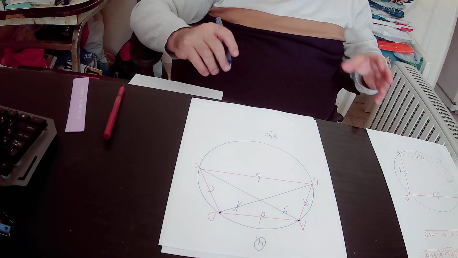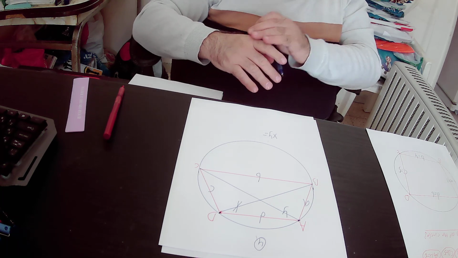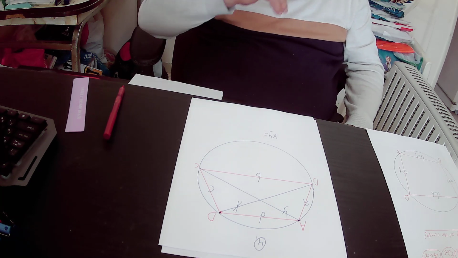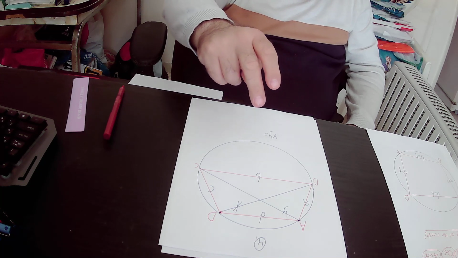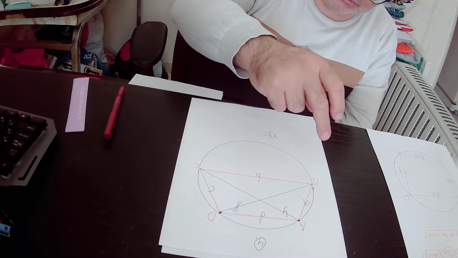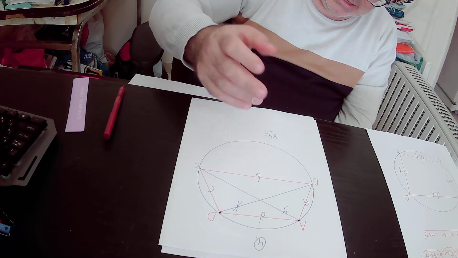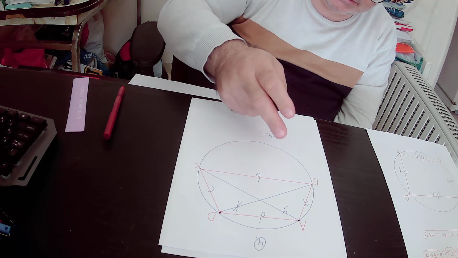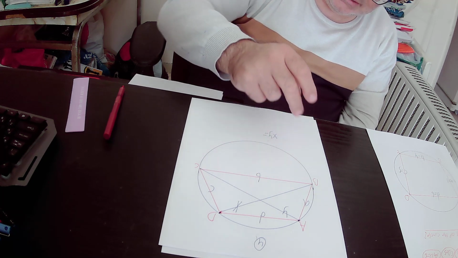Quadrilateral ABCD has two pairs of opposite sides. The first pair is side AD opposite to side BC, and the product of those two opposite sides is B times D.